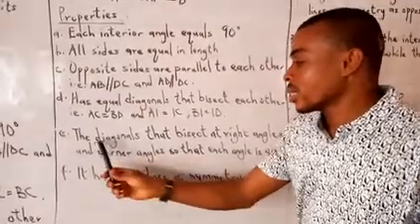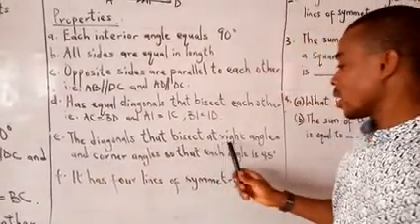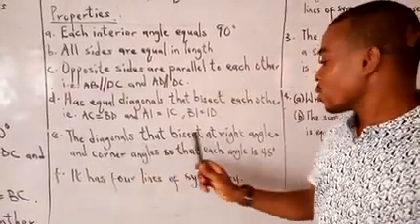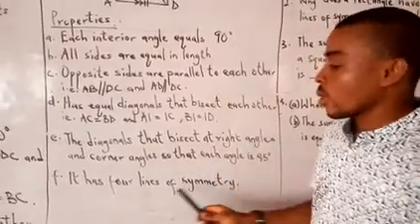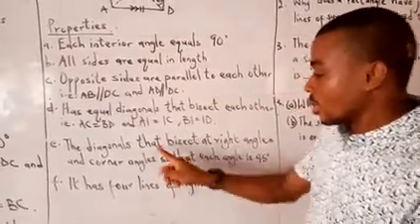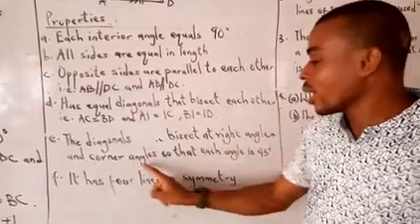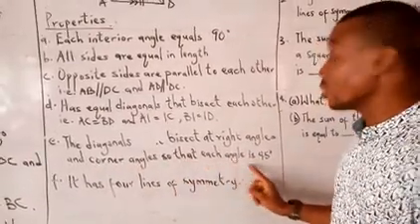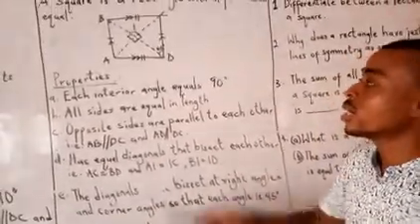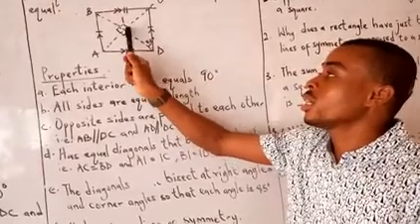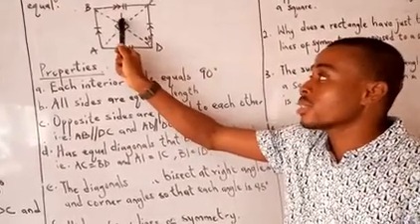The fifth is that the diagonals bisect at right angles. Then the diagonals bisect the corner angles, so that each angle is 45 degrees. It means that the diagonals bisect each other at right angle, that means 90 degrees.